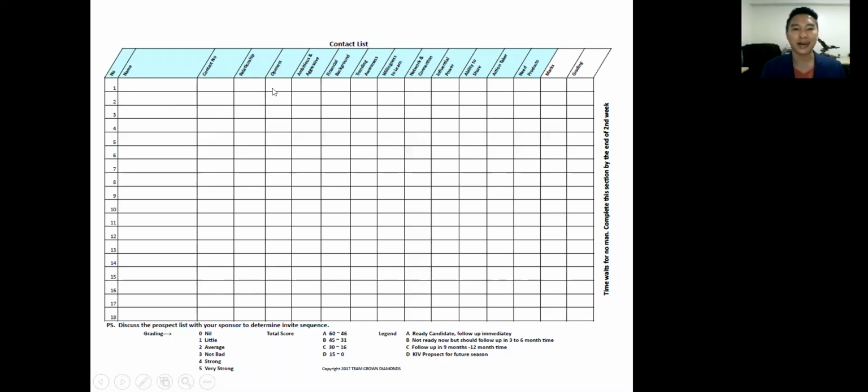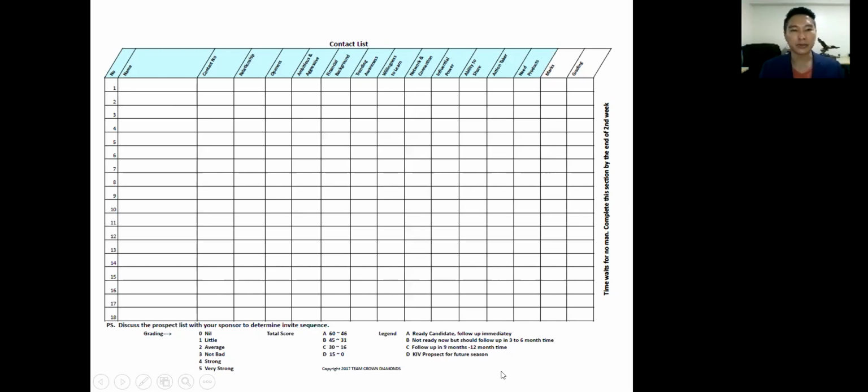These are categories to help you shortlist the first few people you can talk to first. There's a grading here. You can create this list on your own, taking this as an example.